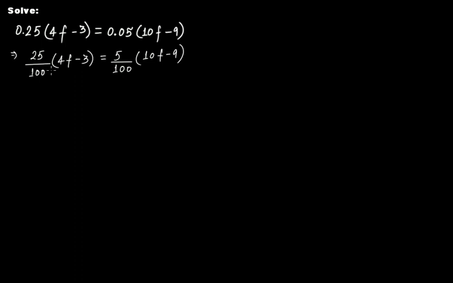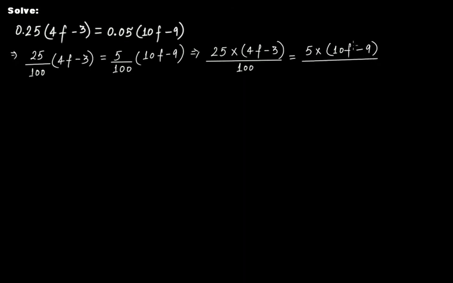Now this is actually what? 25 by 100 multiplied by 4f minus 3. So this can be written as 25 multiplied by 4f minus 3 by 100, and this is equal to 5 multiplied by 10f minus 9 divided by 100, right?